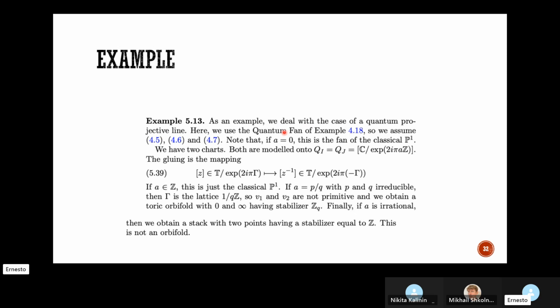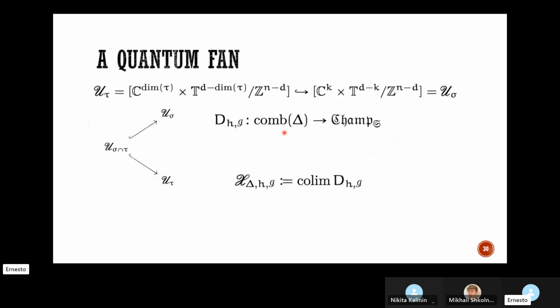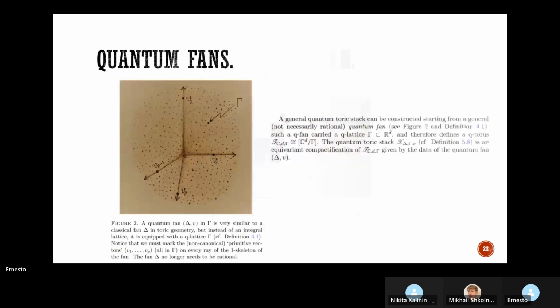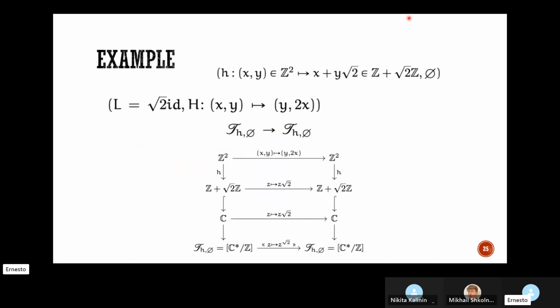But I will use H, and H, if you remember, in the example that we were doing in the past, we had some H there. H is this.